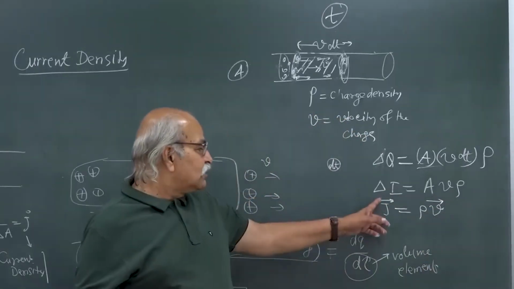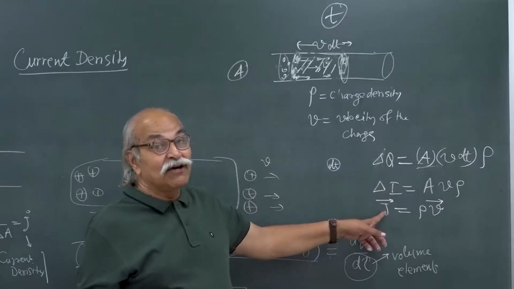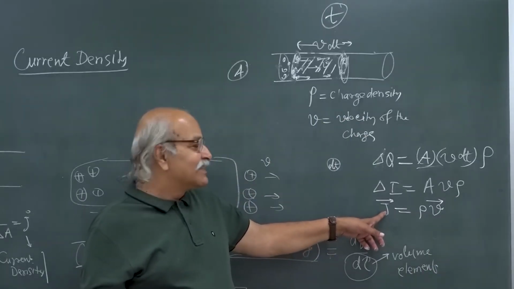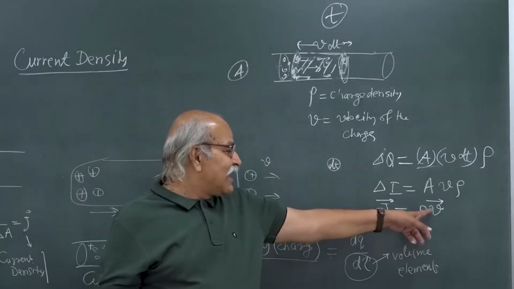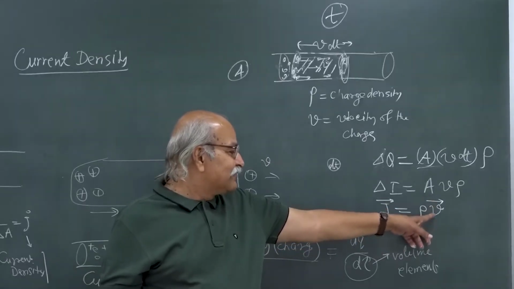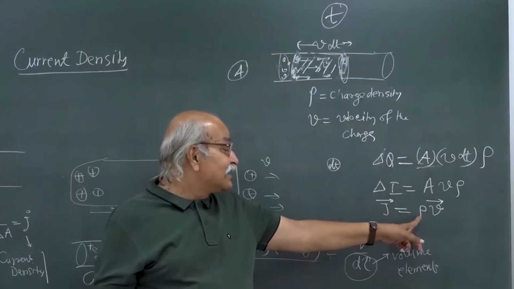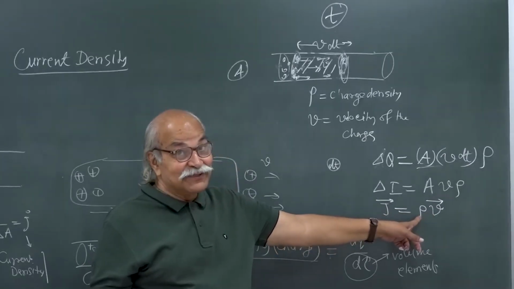The direction of this current density, now I have current density, is the same as the direction of this velocity v, provided this rho is positive. You know that.